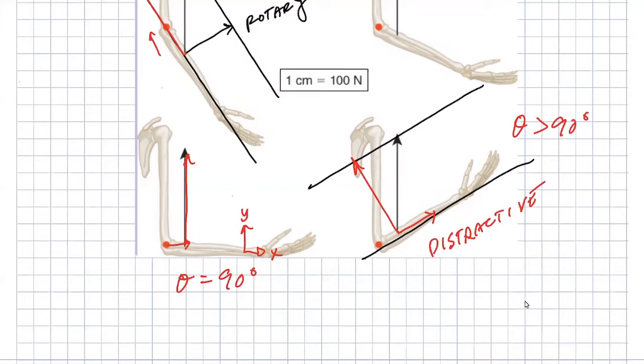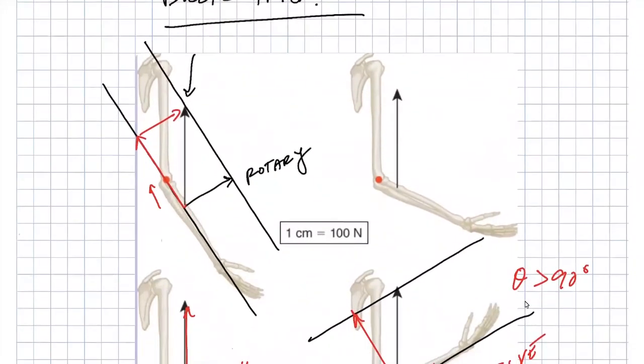Now think about it. If you have less than 90 degrees of flexion, as I showed you in this first part, notice how there is a compressive force there, and so at that angle, you certainly don't get as big of a rotary component of the biceps vector in order to rotate that elbow.